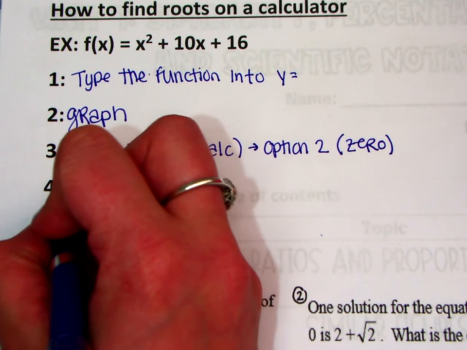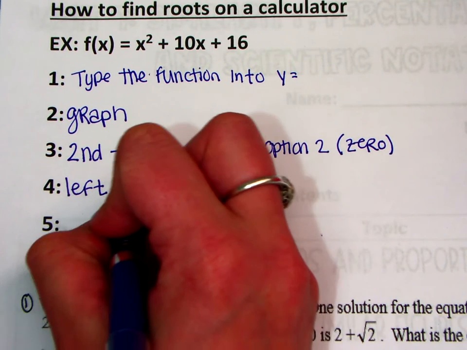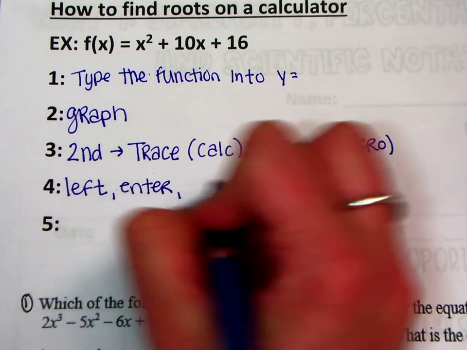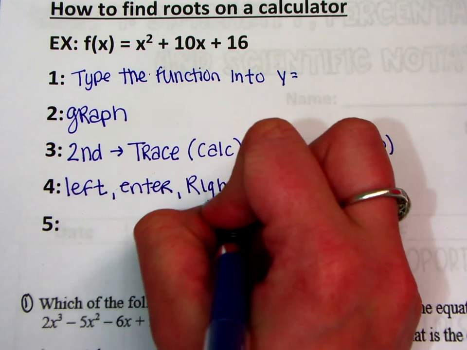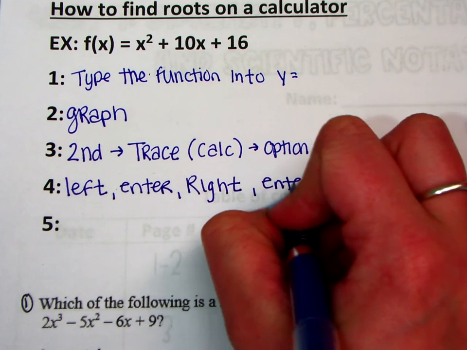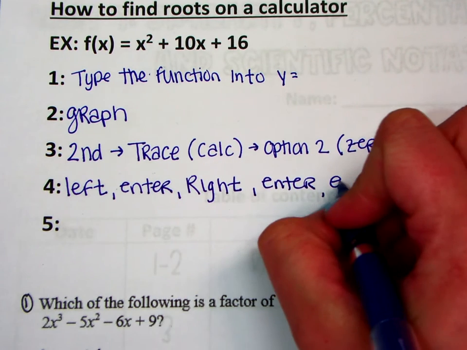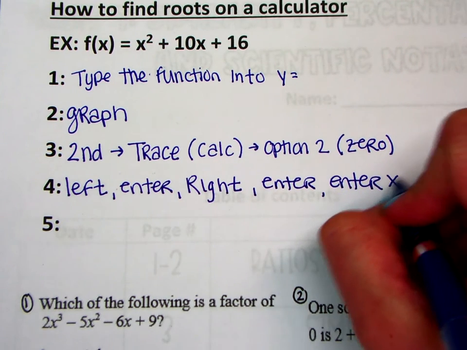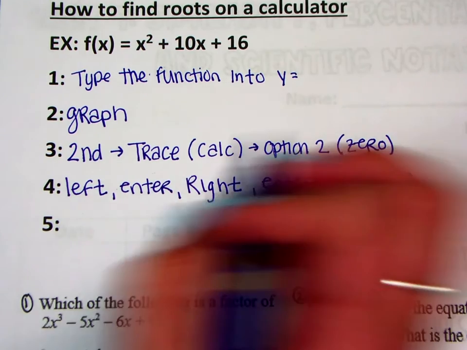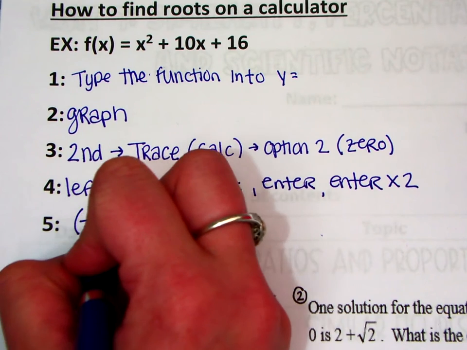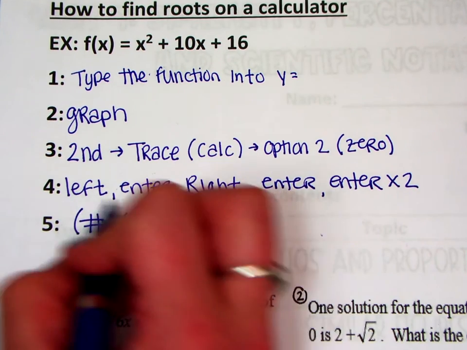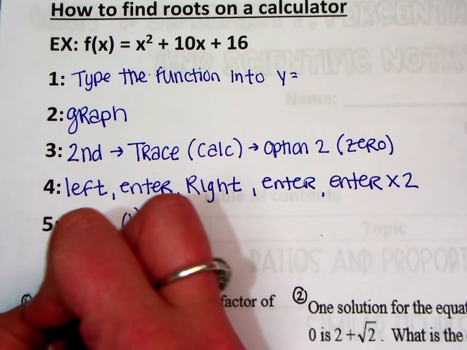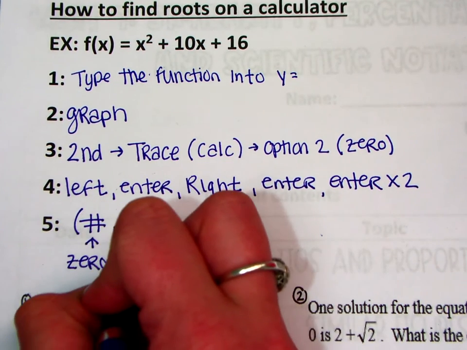You're going to move the cursor to the left, press enter. You're going to move it to the right, press enter. And then you're going to hit enter twice. And then what it's going to tell you is a number with 0. The number is the 0 of the function.